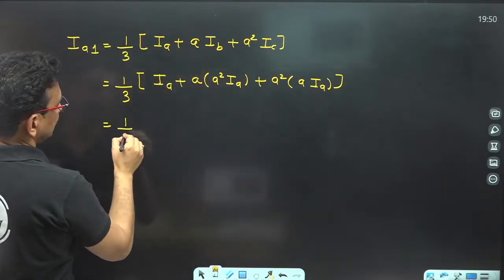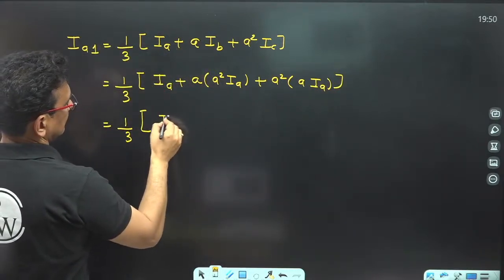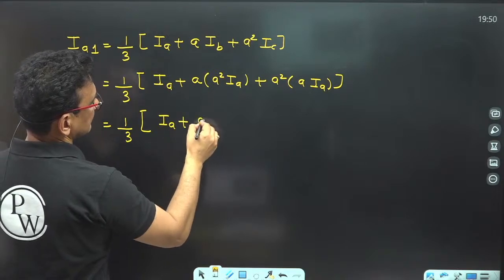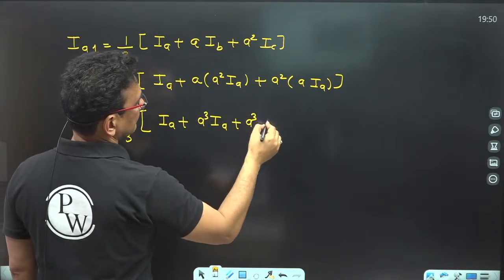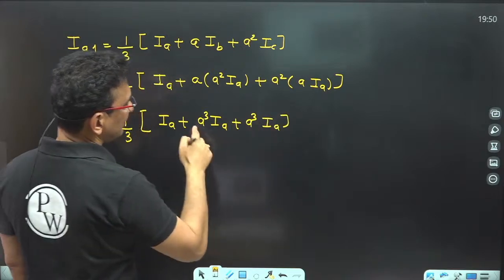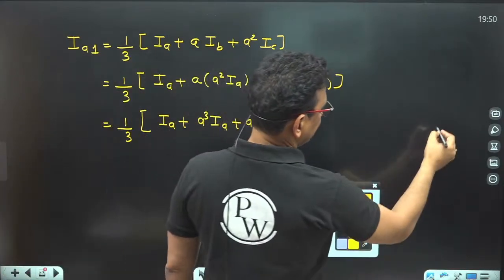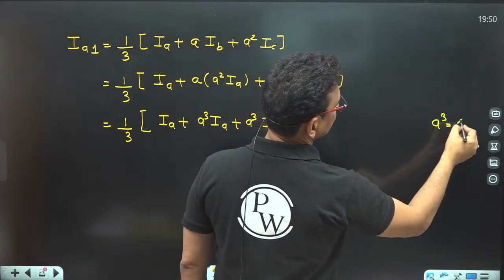So 1 upon 3 into IA plus A cube IA plus A cube IA. Now we know A cube is nothing but 1.